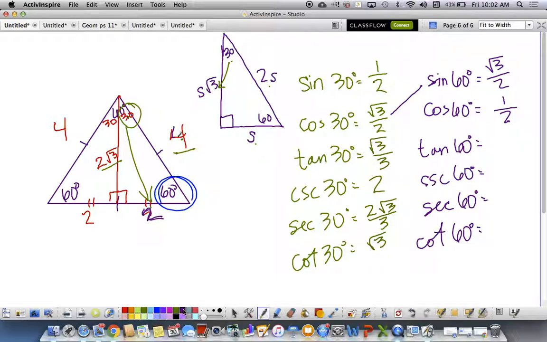Adjacent over hypotenuse, which is a half. That's also sine 30. They're co-functions. Tan 60 is opposite over adjacent: 2 square root of 3 over 2. When you reduce, that's square root of 3. Is that also cotangent 30? Yep.